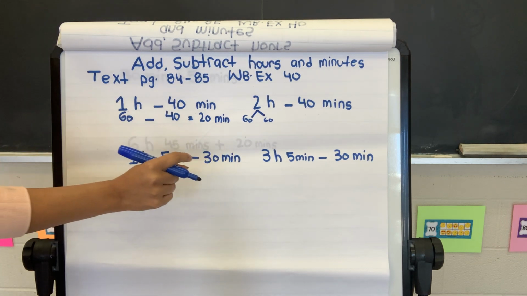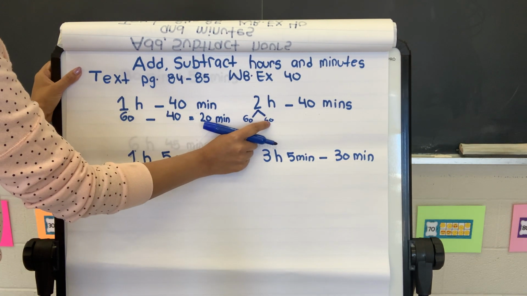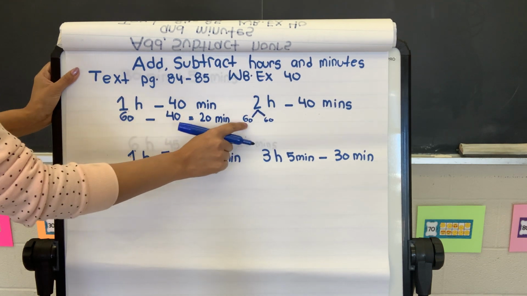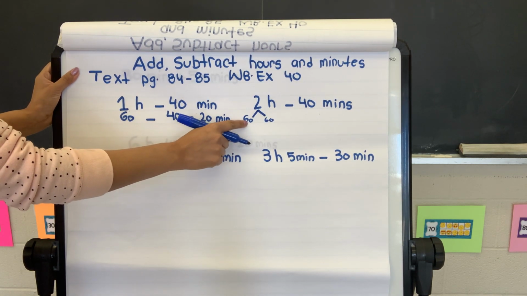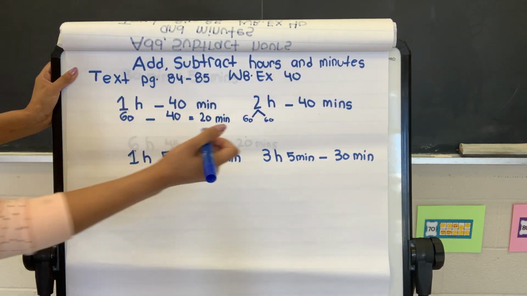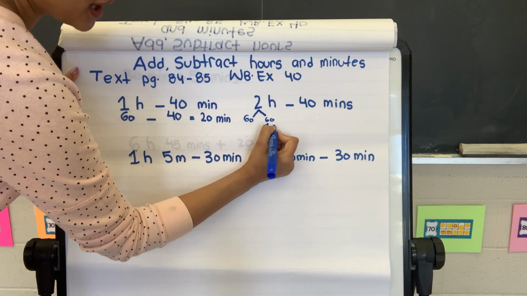So then I am going to use my second 60 to subtract 40 minutes, right? But my first 60 remains. I didn't touch it. So I know 60 minutes again equals 1 hour.